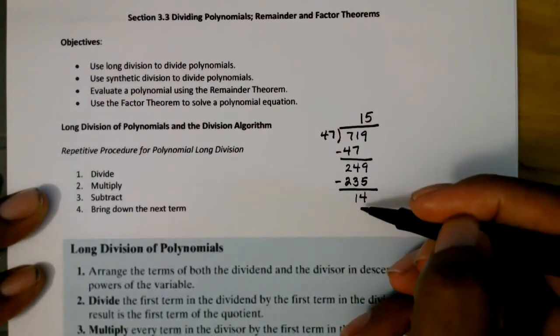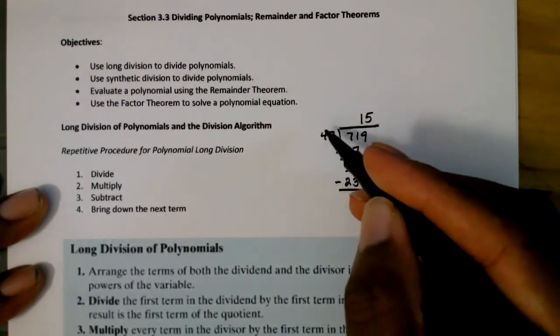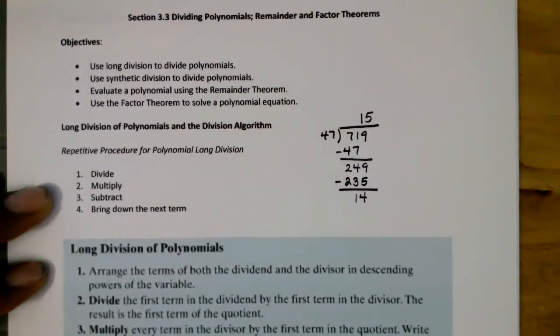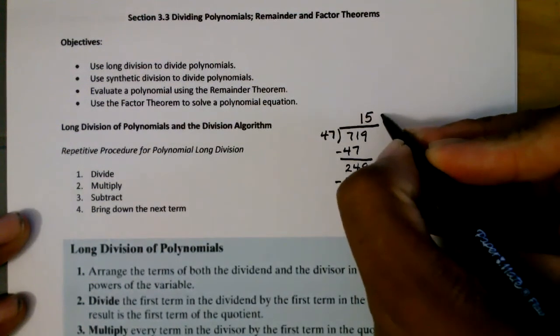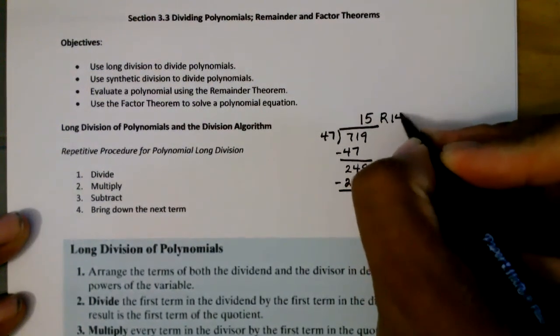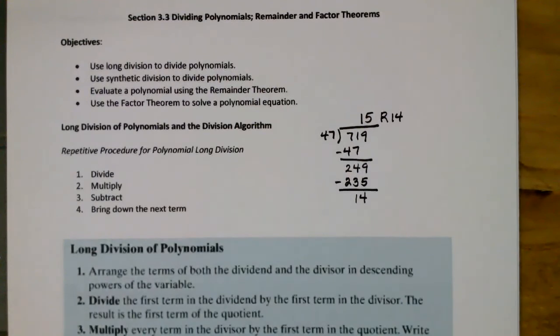And here, this number is less than the divisor, meaning 47 can't go into 14. So I do have 14 as a remainder. So 719 divided by 47 would be 15 with a remainder of 14. That's using long division with just whole numbers.